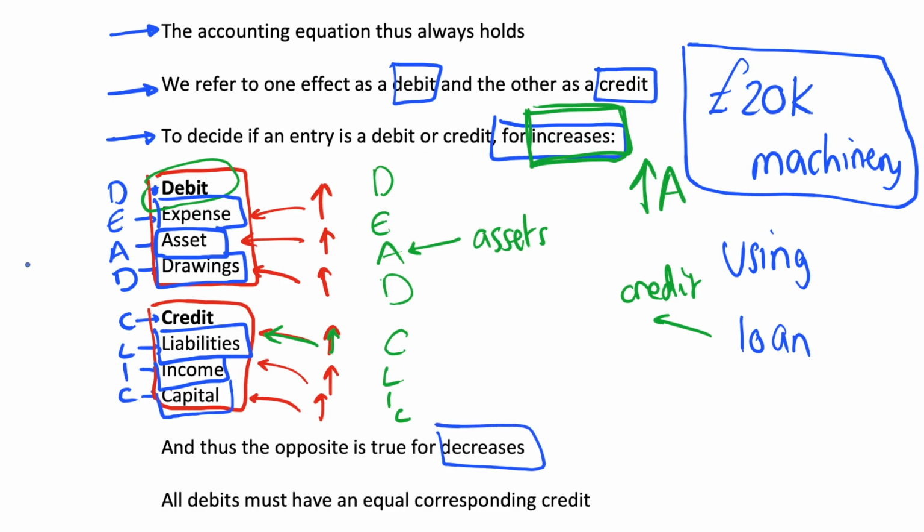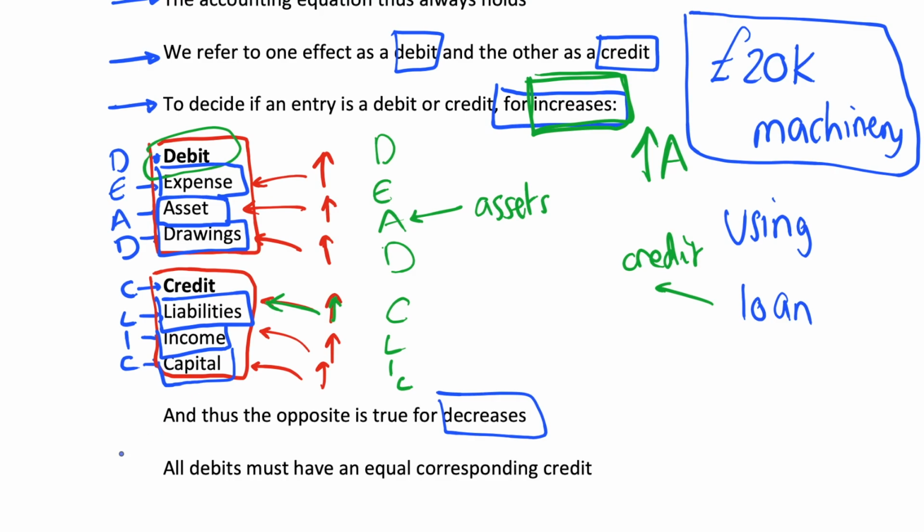So this can be a little tricky to get our head around to begin with, but just with practice, going through lots of examples. Say, think of assets. If they increase, it's a debit. If they decrease, it's a credit. And as we do more and more of those, we start to get very quick at deciding whether something's a debit or a credit.